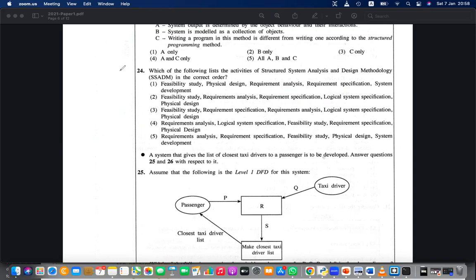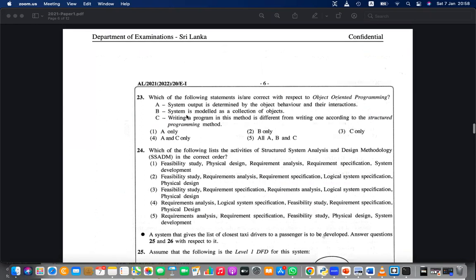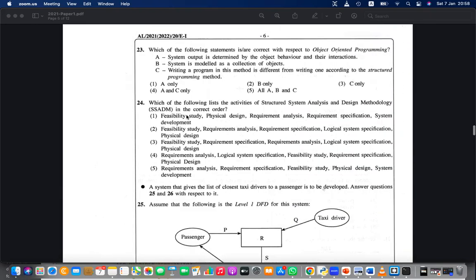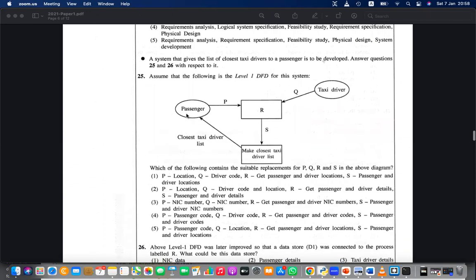Okay, question number 20. DFD is given. You are asking various components of this data flow diagram. We have discussed a similar question in the previous papers, right? P is what?